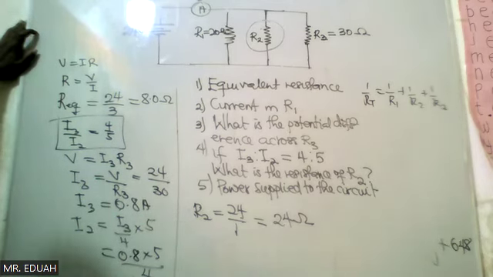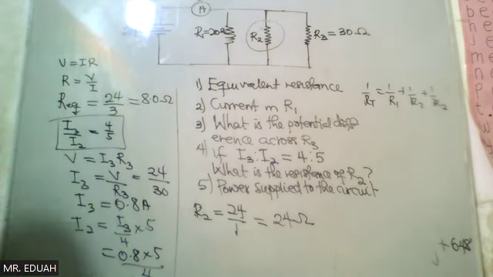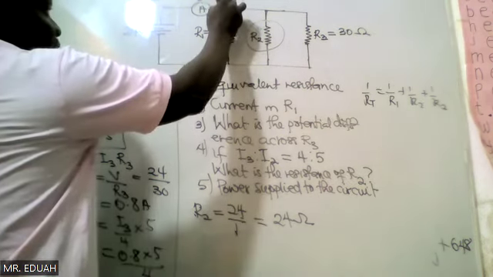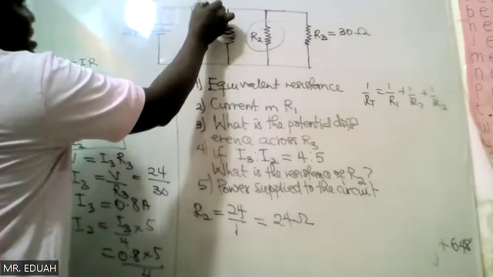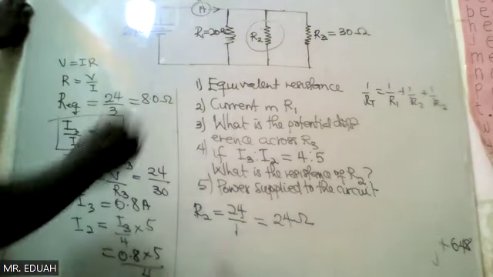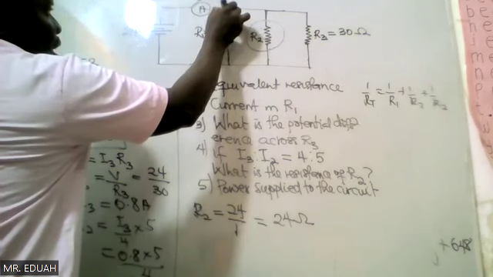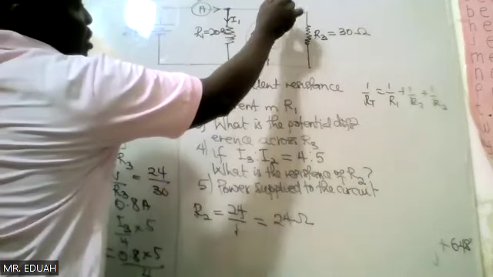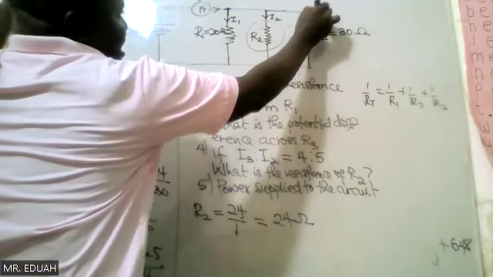The reason I was not very sure about that was because when we were talking about the features of the parallel, you said the current is not the same. So in my mind, I was thinking that 3 ampere is not for all of them. Look here. This is the current coming from the source. When it gets to this junction, it will break into I1, I2, and I3.